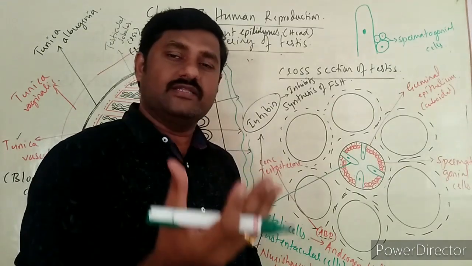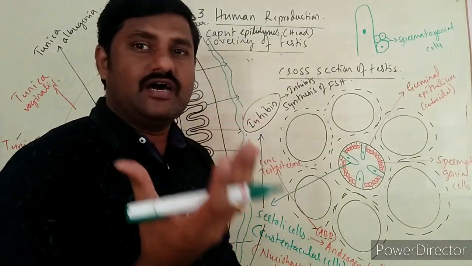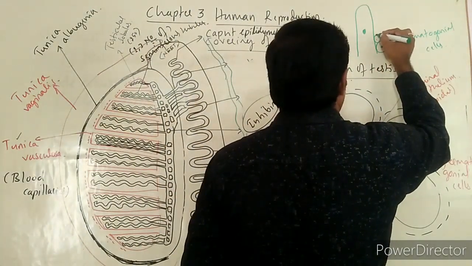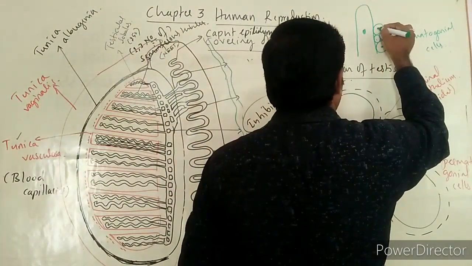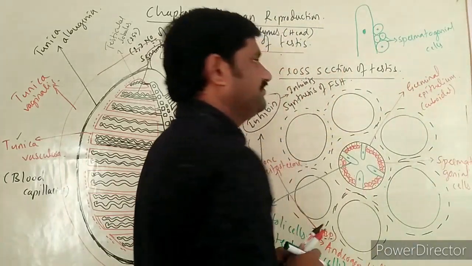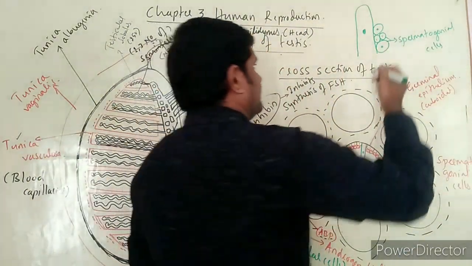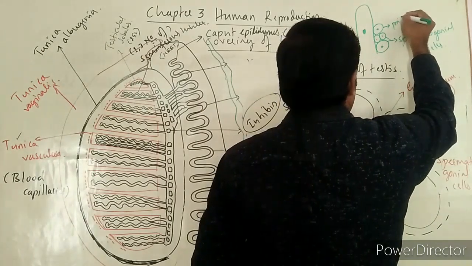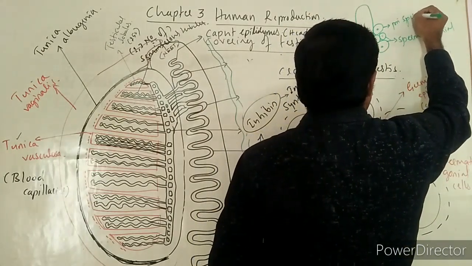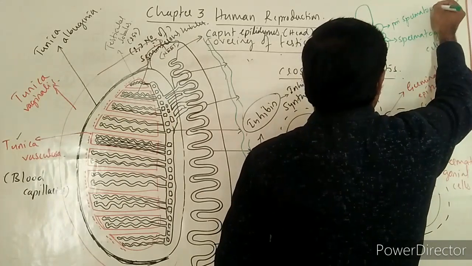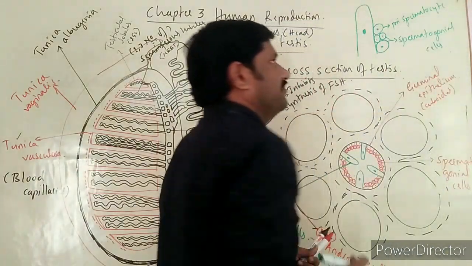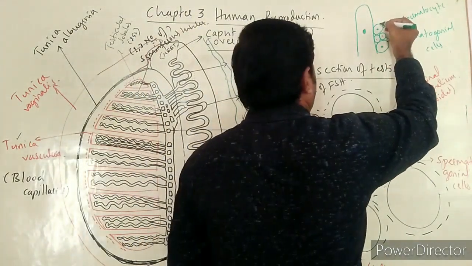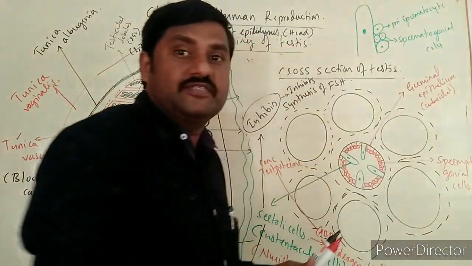Type B undergoes growth phase so as to form a large sized cell. And this large sized cell is called the primary spermatocyte. It is called the primary spermatocyte.